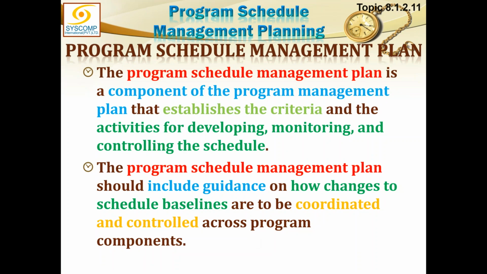The program schedule management plan is a component of the program management plan that establishes the criteria and the activities for developing, monitoring, and controlling the schedule. It should include guidance on how changes to the schedule baseline are to be coordinated and controlled across program components, and this specific thing is also addressed in the change management plan.